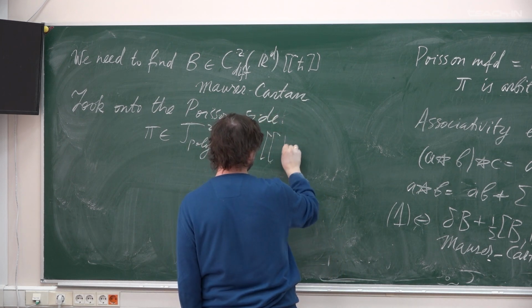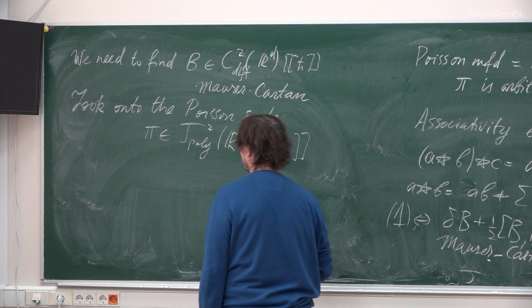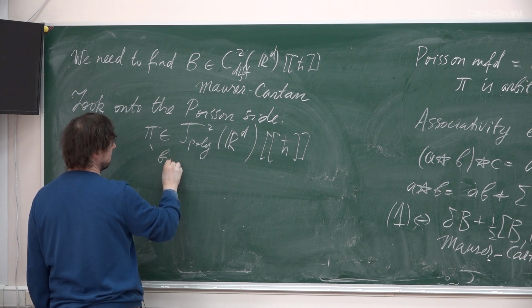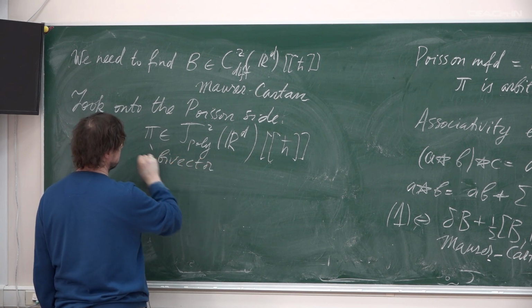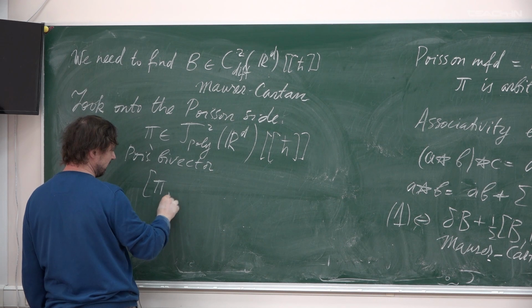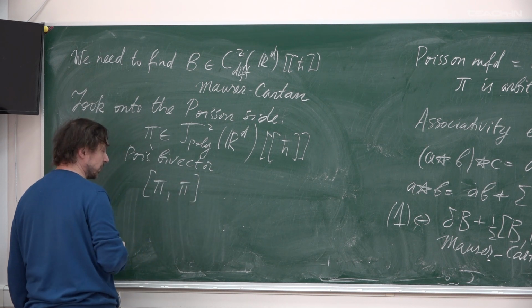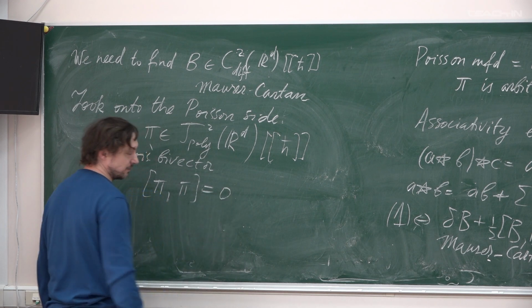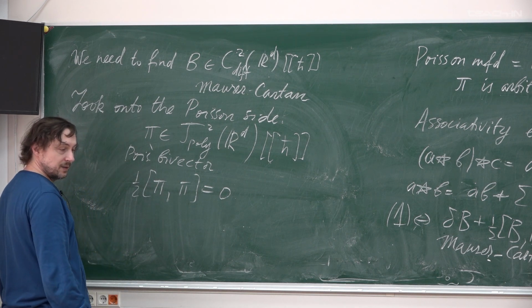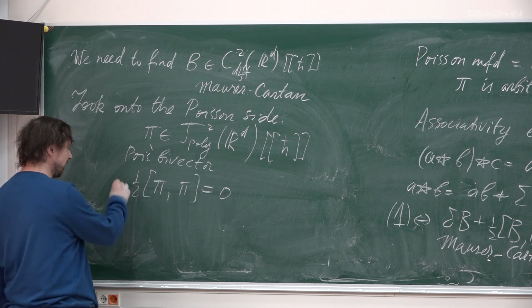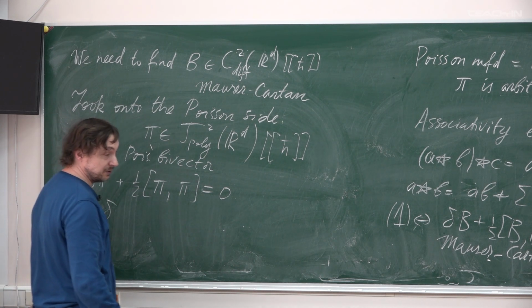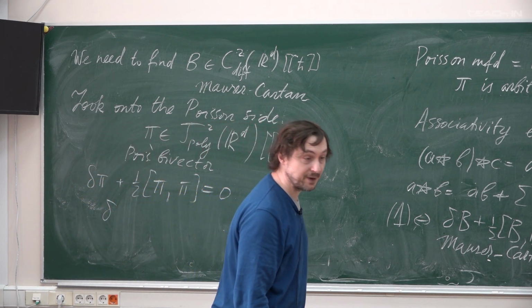Which you can also formally enhance by introducing formal variable h bar. This is a bivector field, the Poisson bivector field. And since it's a Poisson, it verifies the equation and its Schouten bracket with itself vanishes. We can formally add to this equation 1/2, and then add delta of pi, where delta is the zero differential on the space of polyvector fields.